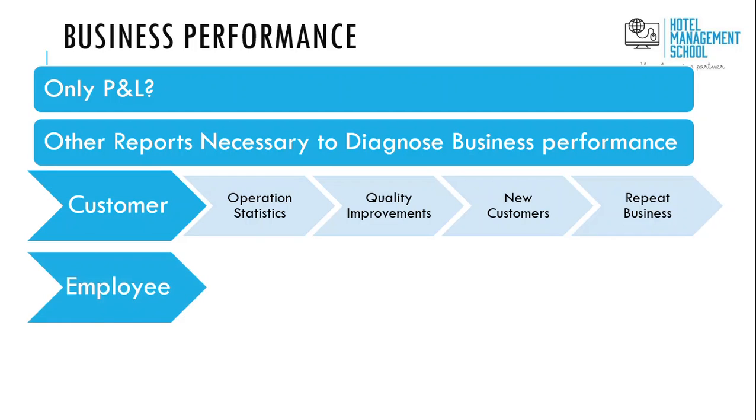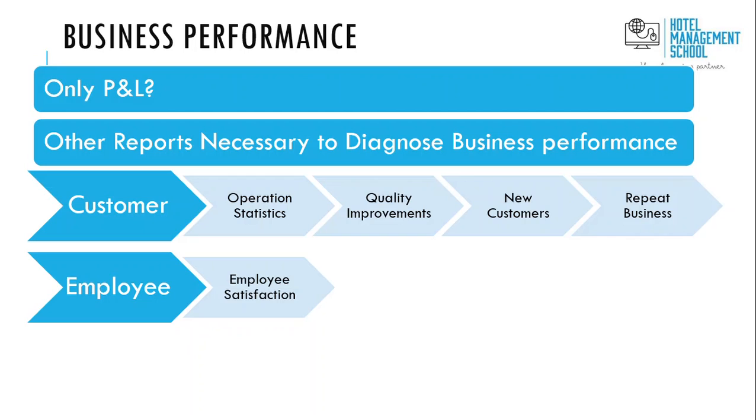Then from the employee aspect also, we have to look at the performance, because as Richard Branson and other multi-billionaires say, take care of your employees and they will take care of your customers. So to take care of the employees, we also need to look at their job satisfaction. How satisfied are they? How do we measure that? Normally, we take an employee survey every year or every 6 months.